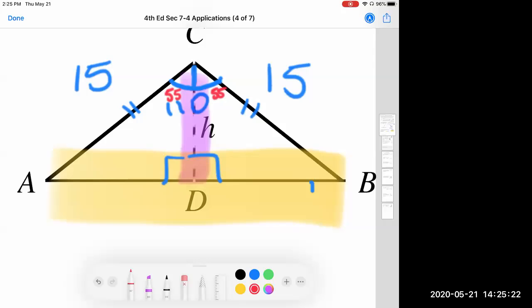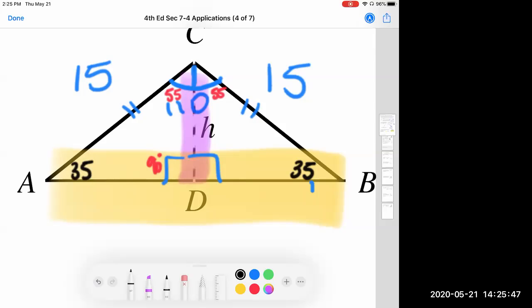So we actually have our triangle solved, right? We have 90 degrees here. We have 55. And so we have 180 minus 55 minus 90. We get that this is a measurement of 35. And this will be the same because we have an isosceles triangle.